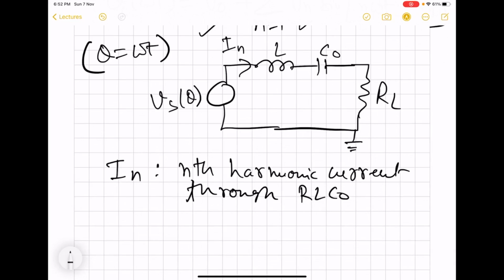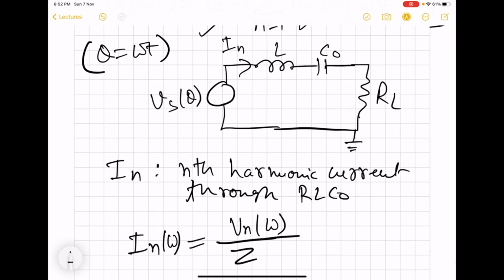Now what will In be? This will be equal to the nth harmonic voltage divided by the impedance of the load network for the nth harmonic.